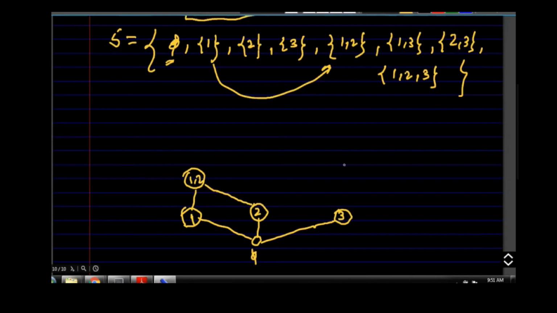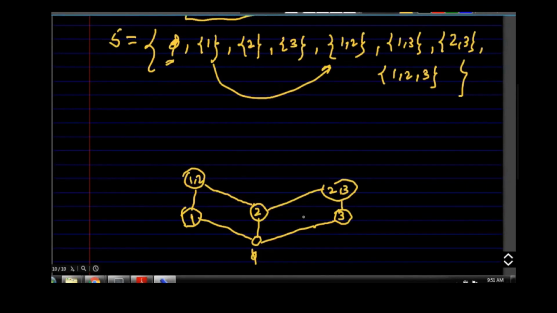Similarly here, instead of 1, 3, we will write 2 comma 3, because 2 and 3 should be common so that we can draw a neat edge. So this 2 to 2 comma 3 and this 3 to 2 comma 3.